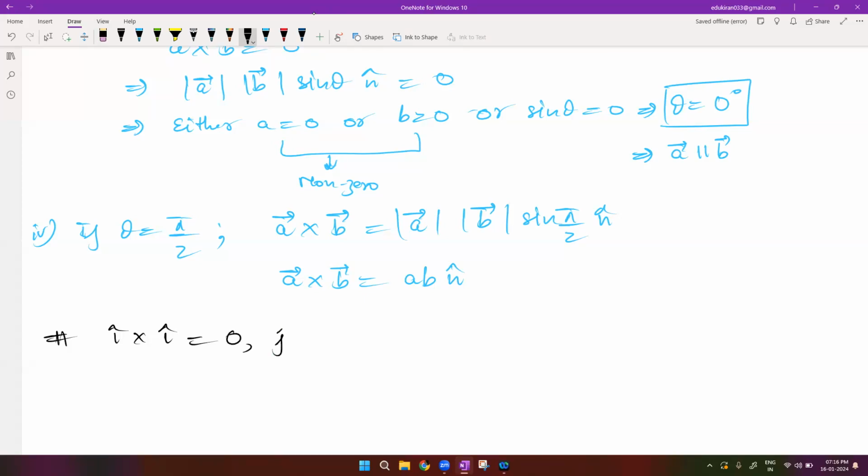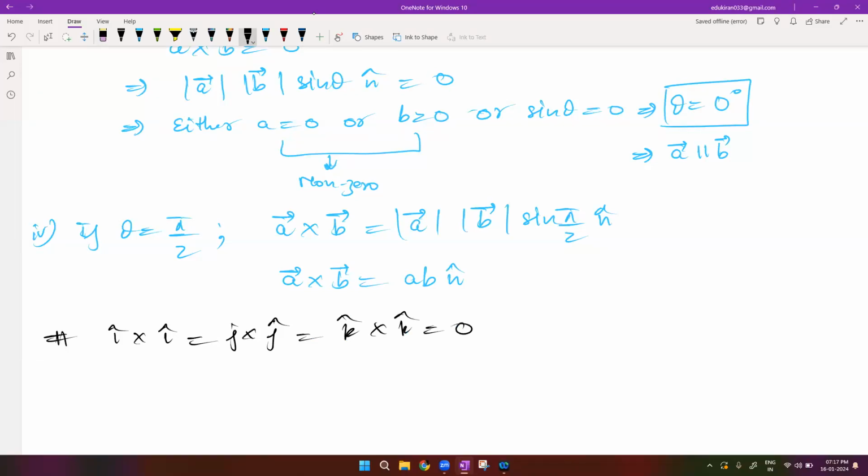Similarly, J with J is also 0. Similarly, K with K is also 0. Because all of the same vectors make an angle of 0 degrees with themselves, and sine 0 is 0.